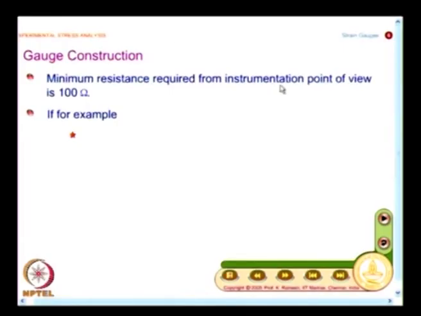That is how you will have to have a thumb rule. When you are designing an experiment, at least 100 micro strain should be developed at the point of interest for you to reliably measure. So, from the instrumentation point of view, what is the minimum resistance that you have? Reasonable to assume that you need about 100 ohms.